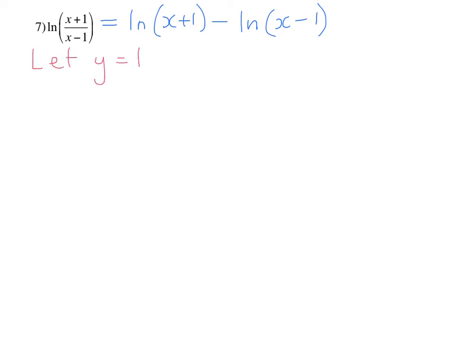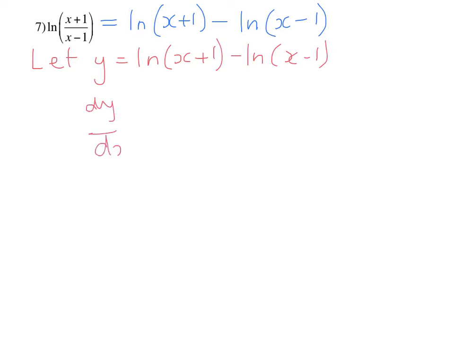Now, in the last question here, we're going to use the second log law to split this log up into the log of the numerator minus the log of the denominator. Remember that the second log law can combine them to be the division, which is what you've got at the moment. So if we let y equal that, then to find the derivative, we just need to differentiate each one separately because of that minus sign in between.